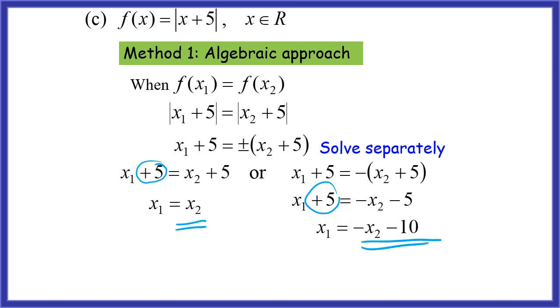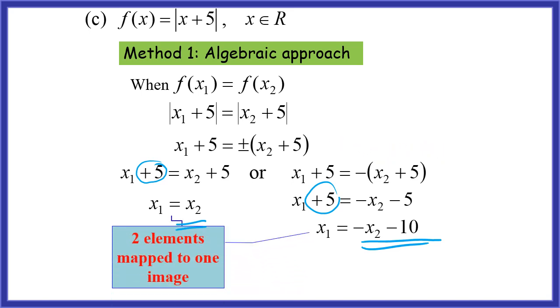It's not a one-to-one function because 2 different objects are mapped to 1 image. So it is not a one-to-one function.